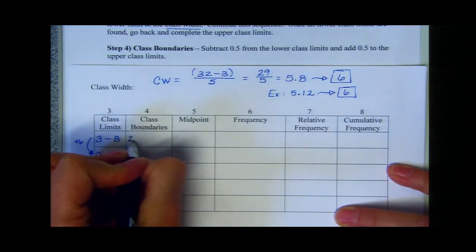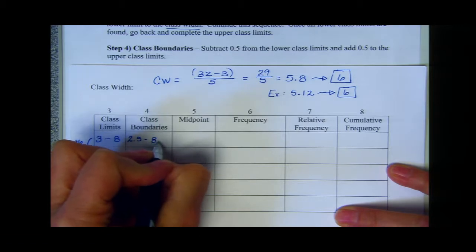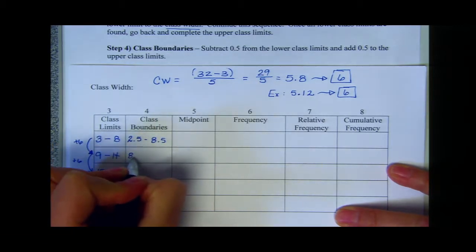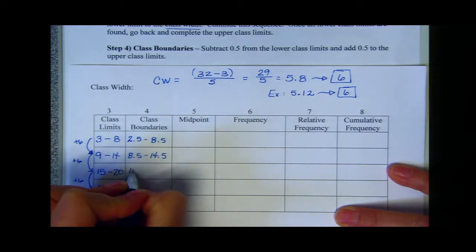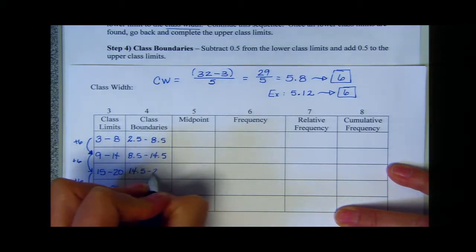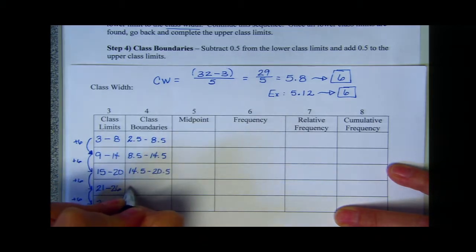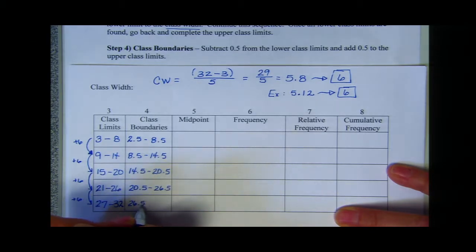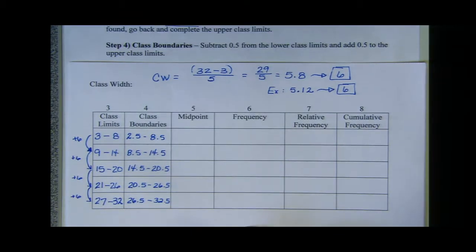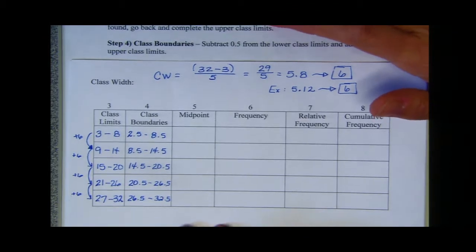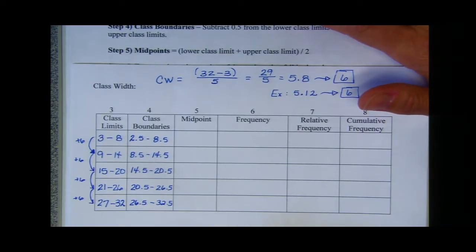So this would be 2.5 to 8.5, 8.5 to 14.5, 14.5 to 20.5, 20.5 to 26.5, 26.5 to 32.5. And that's all the class boundaries are. And the purpose for the class boundaries you'll understand when we start creating graphs based upon the frequency table.